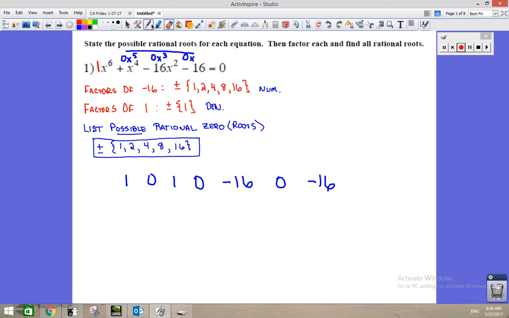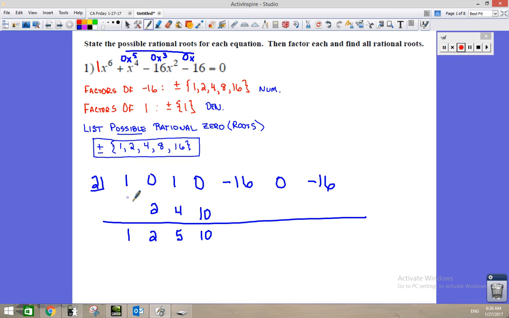Let's check out 2. This one will probably work, but I'm not the best at estimating. I have to actually go through. And you don't necessarily have to do them in order.